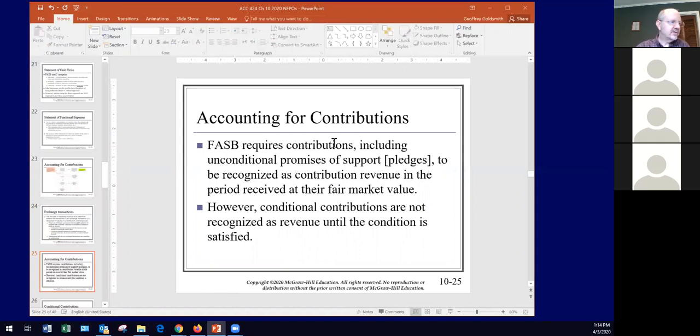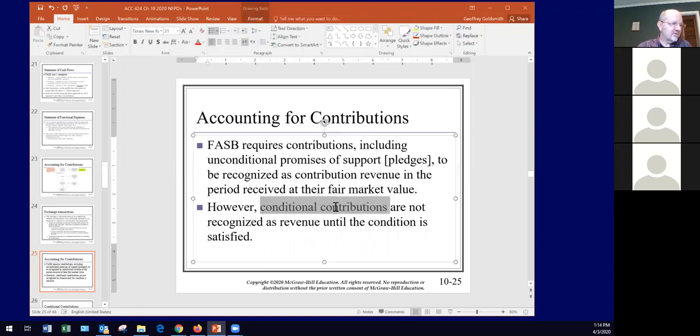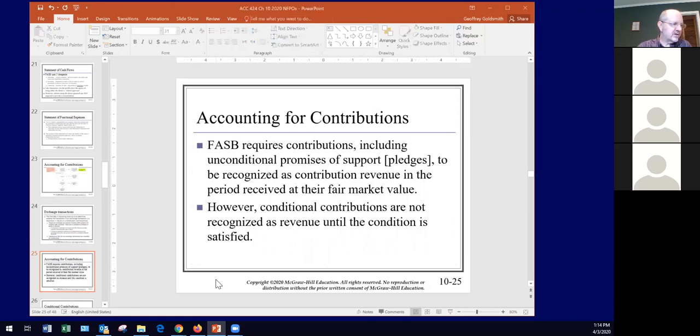So contributions, including pledges, should be recognized as contribution revenue in the period received at their fair market value. However, conditional contributions are not recognized as revenue until the condition is satisfied.